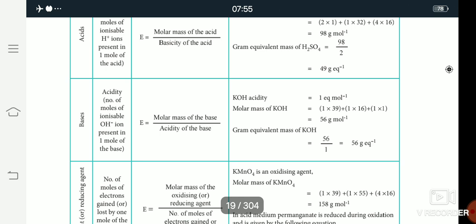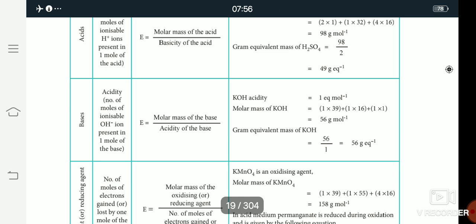Potassium atomic mass is 39, oxygen atomic mass is 16 and hydrogen atomic mass is 1. So potassium 1 into 39, oxygen 1 into 16 and hydrogen 1 into 1. The total value is 56 gram mole minus 1.